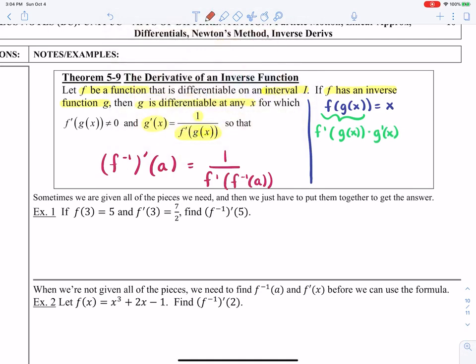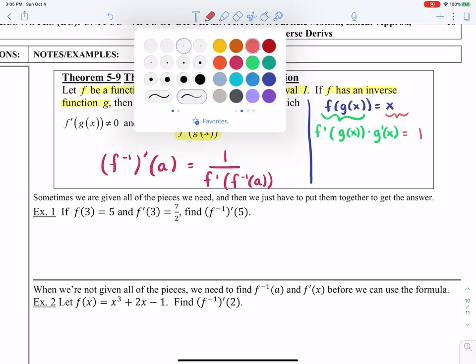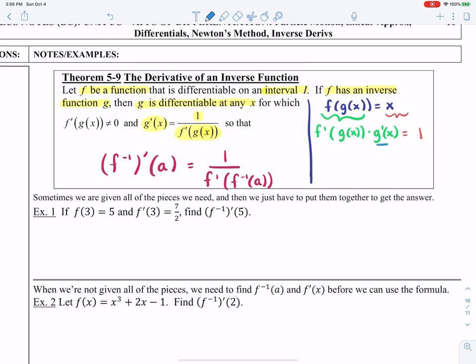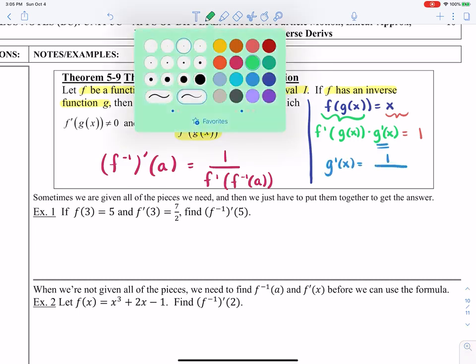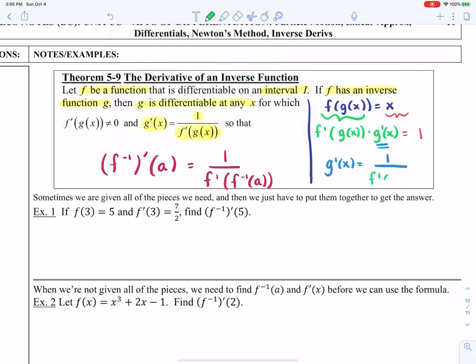Let's say I also take the derivative of the other side, which would be 1, okay? f prime of g of x times g prime of x equals 1. If I solve this for g prime, I'm going to get 1 over f prime of g of x when I divide the f prime of g of x to this side. That's where this formula comes from.